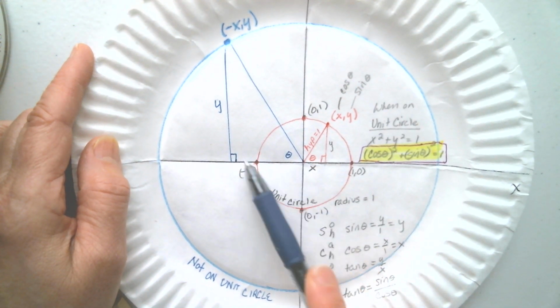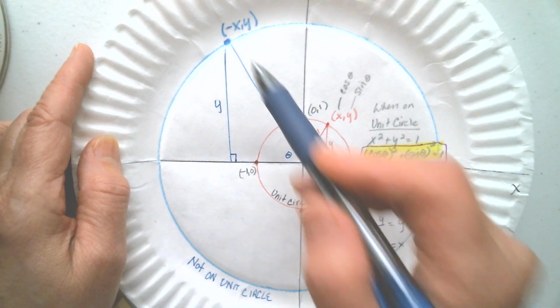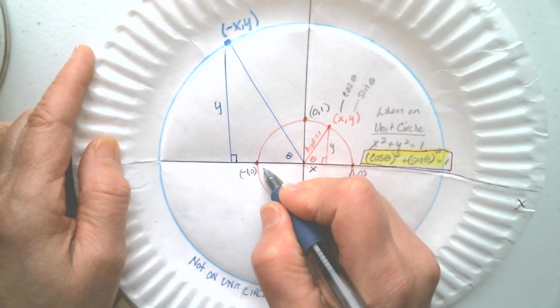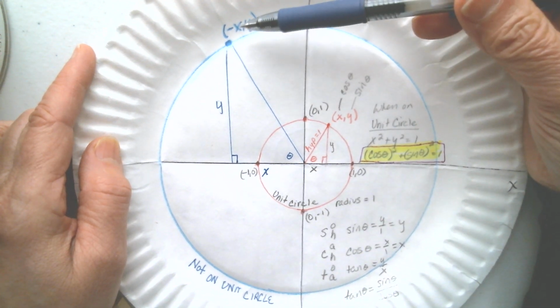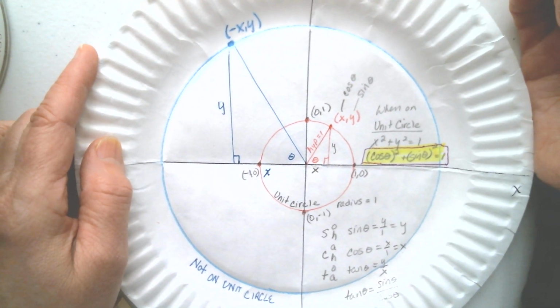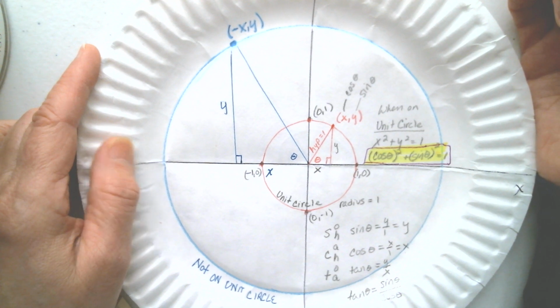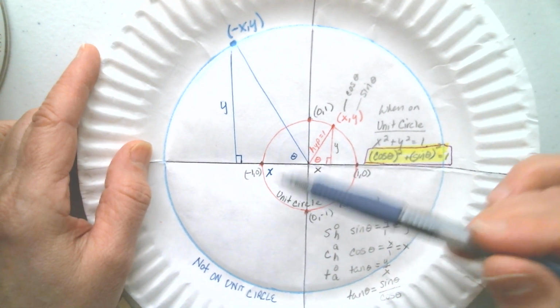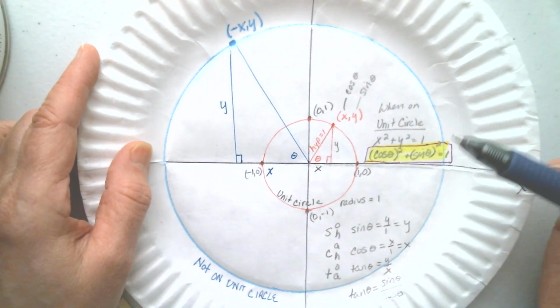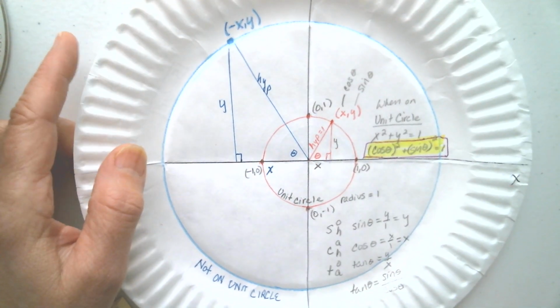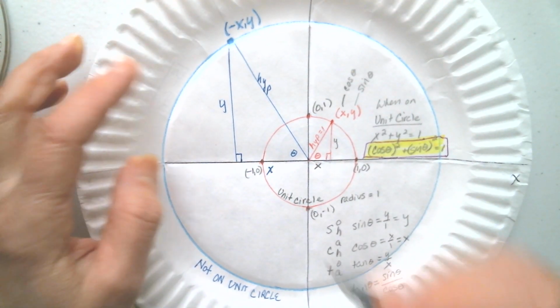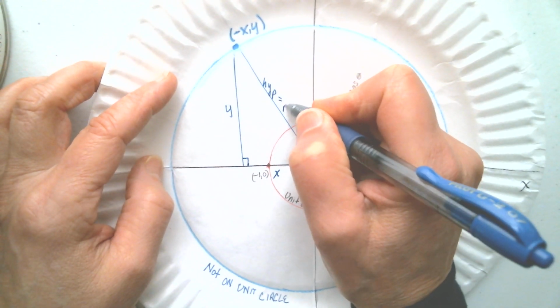And our base of our right triangle would have a length of whatever our x coordinate is. So here we have our right triangle. We have legs x, y, and we have our hypotenuse, which is equal to the radius of our circle.